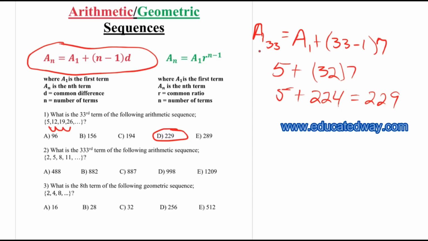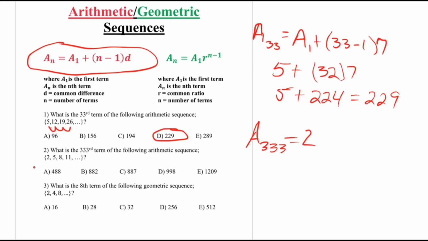Number 2. What is the 333rd term of the following arithmetic sequence? That would be a sub 333 equals the first term, which is a sub 1, which is the 2. The first term of the sequence, see, that's 2, plus n, which is 333, that's the one we're looking for, minus 1, right into the formula, times d.